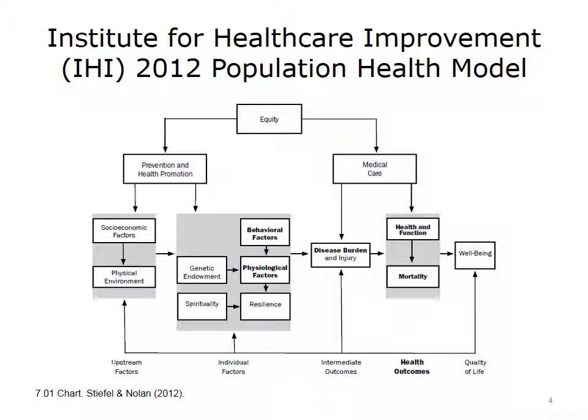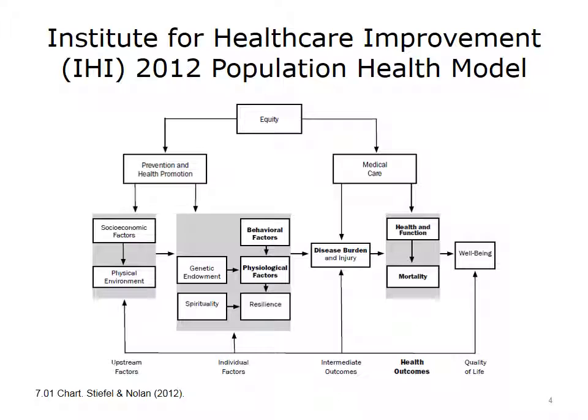Medical care. Prevention and health promotion are influenced by upstream factors, which include socioeconomic factors and the physical environment. There are also individual factors, such as a person's genetic endowment, their spirituality, behavioral factors, and physiologic factors that determine resilience at an individual level.